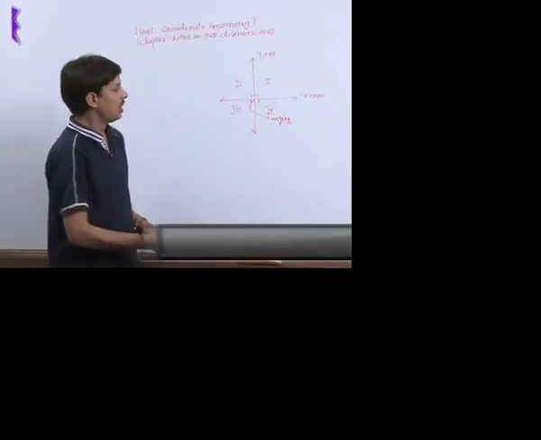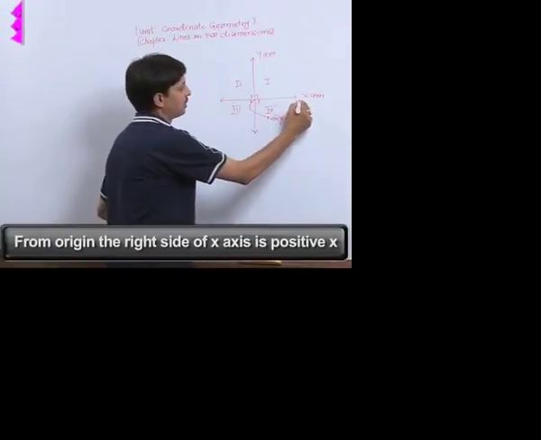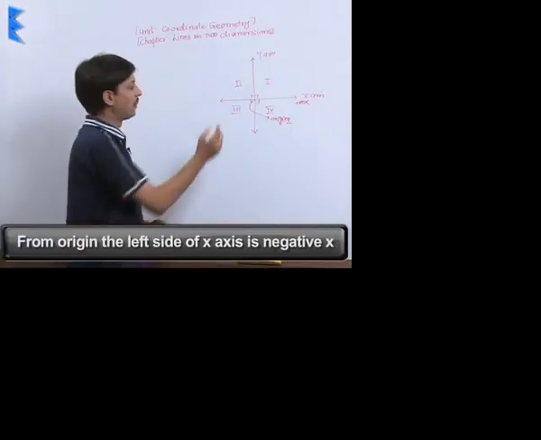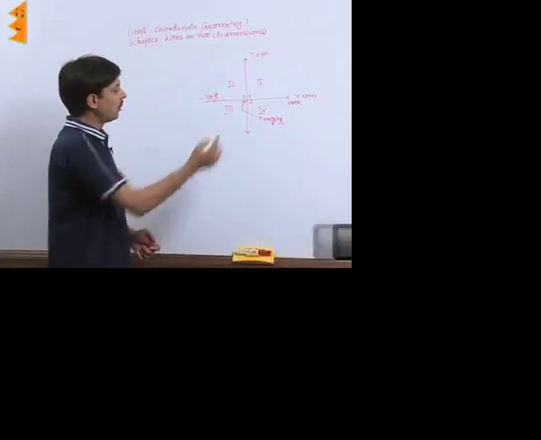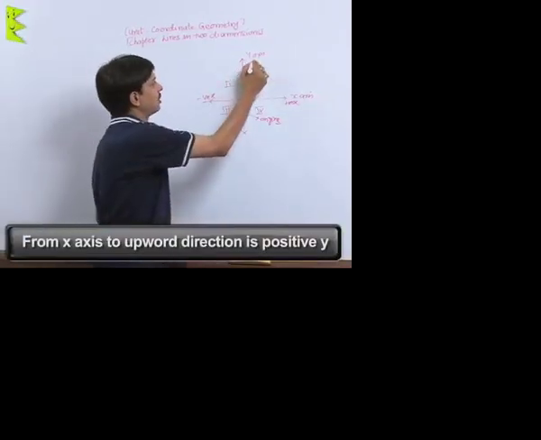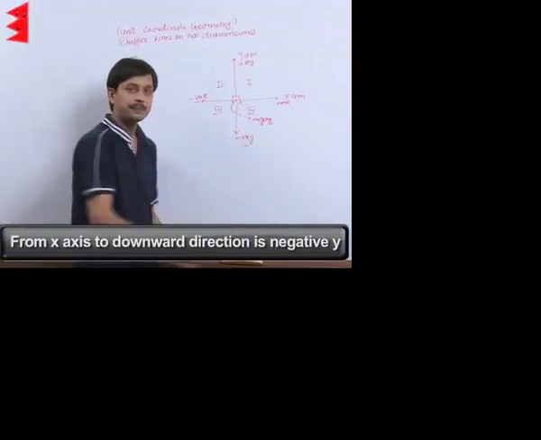As is clear, from the origin, the right side portion of the x-axis is known as positive x, and from the origin the left side part is known as negative x. Similarly, if you move up from the x-axis it is the positive y and down from this is the negative y.